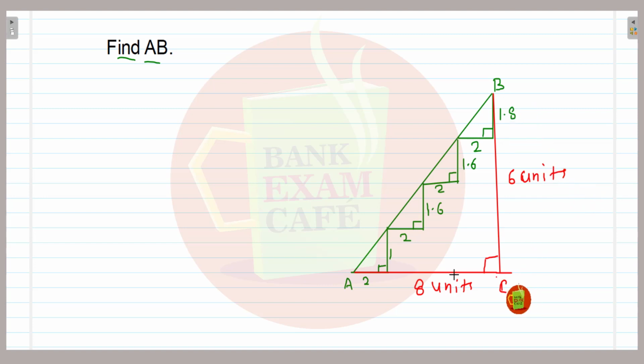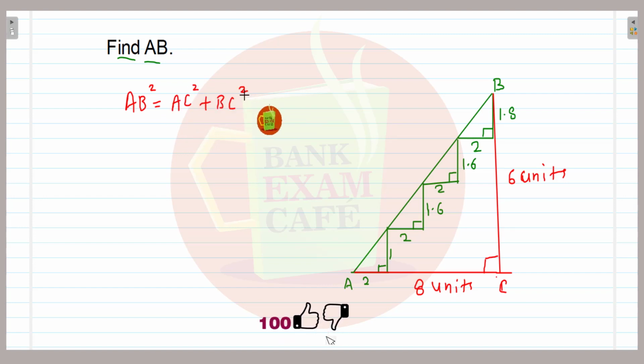And now using the Pythagoras theorem, we can find this hypotenuse AB. So AB square is equal to AC square plus BC square by the Pythagoras theorem.